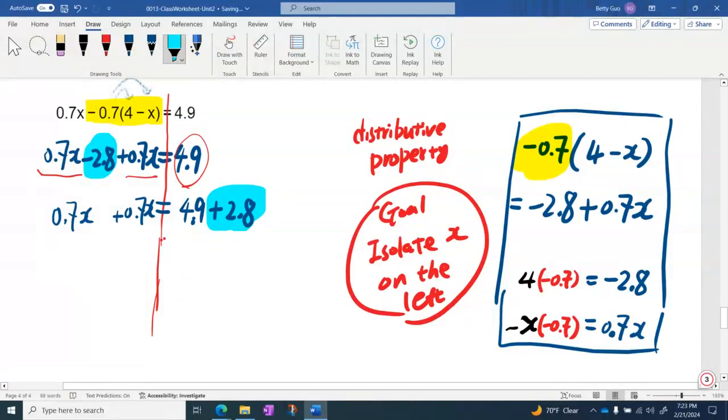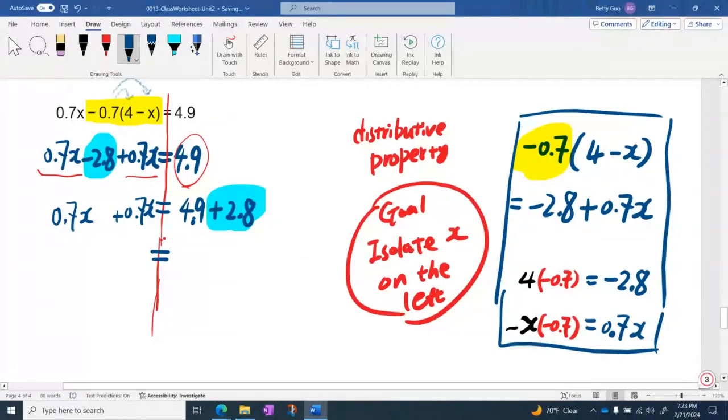To collect the like terms in this step, all we need to do is bring the blue term over. But please don't forget, change the sign. Negative 2.8 on the left side becomes positive 2.8 on the right side. Okay? And then combine like terms.